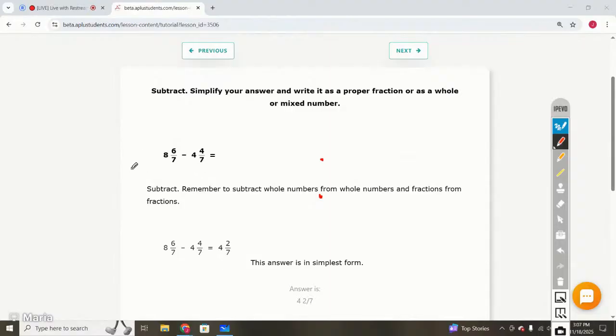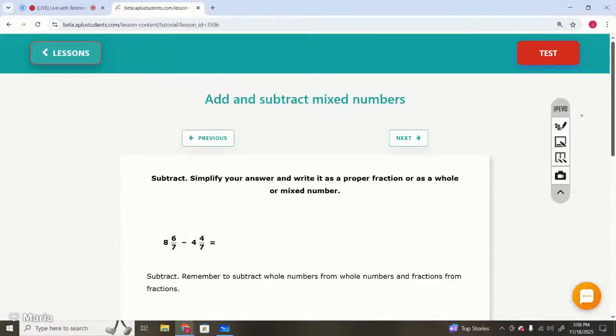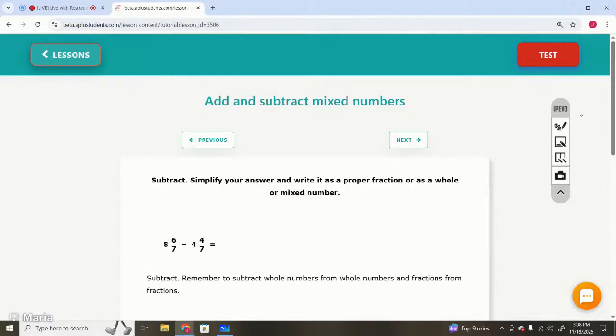They have the same denominators, so we can subtract whole numbers from whole numbers. 8 minus 4 is 4, and then the numerator 6 minus 4 is 2, so that is 4 whole 2 by 7. Let's just start with the test questions.